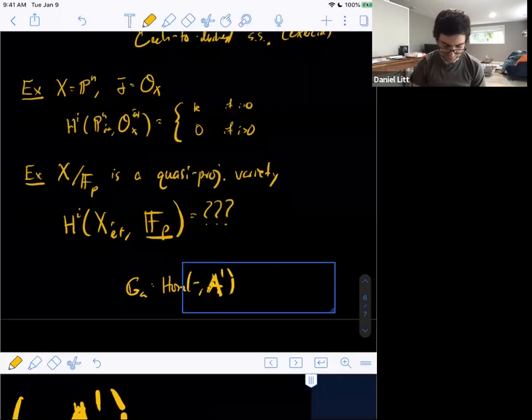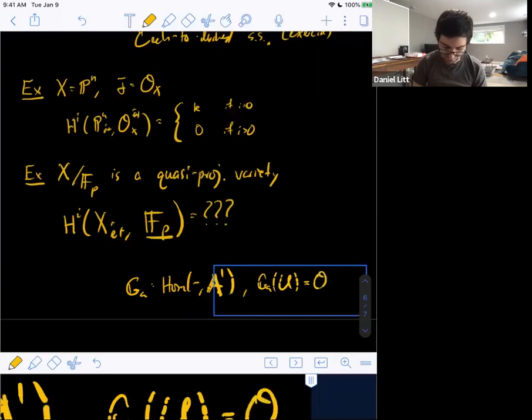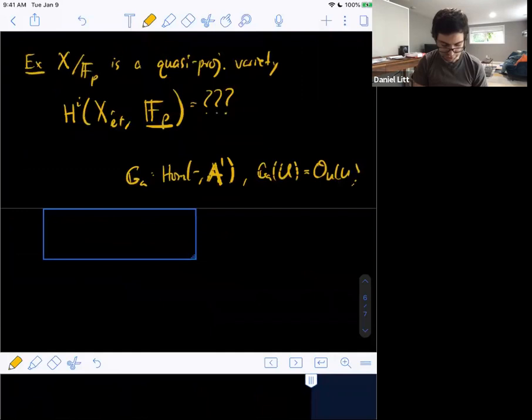In other words, G_a of some U is just O_U of U, right? Sorry about that. Hopefully this will dry up soon. Okay, so F_p is the fixed points of Frobenius on G_a, right?